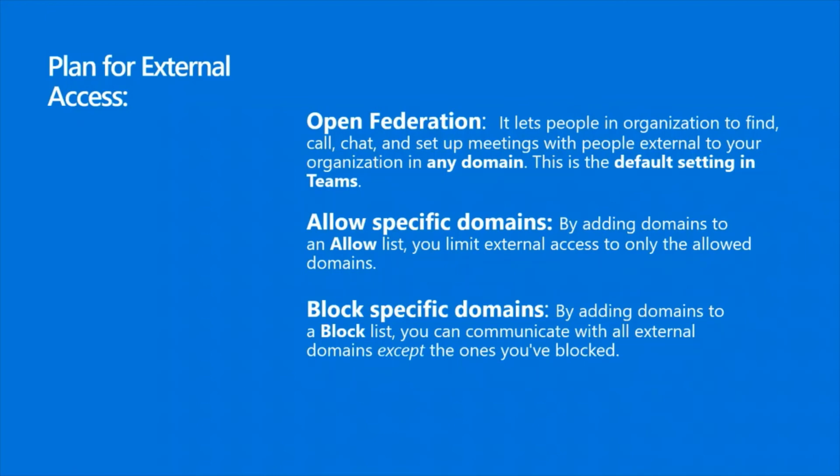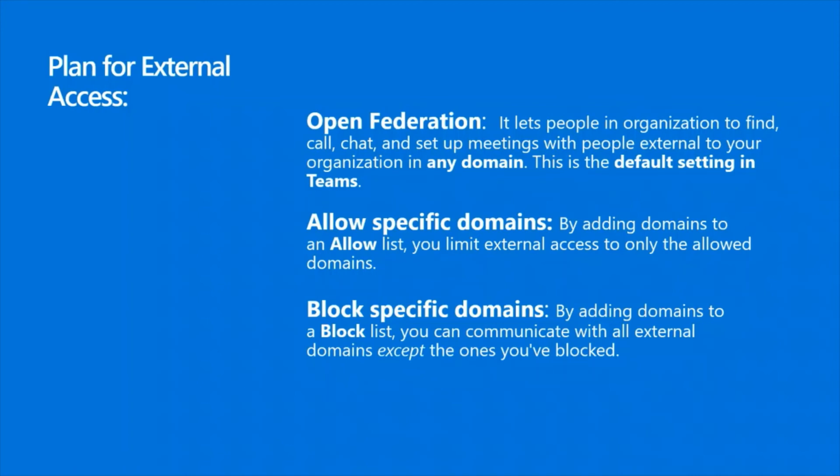And if you add allowed domains, all other domains will be blocked. The exception to this rule is if anonymous participants are allowed in meetings only. So there are actually 3 scenarios for setting up external access in Teams Admin Center.